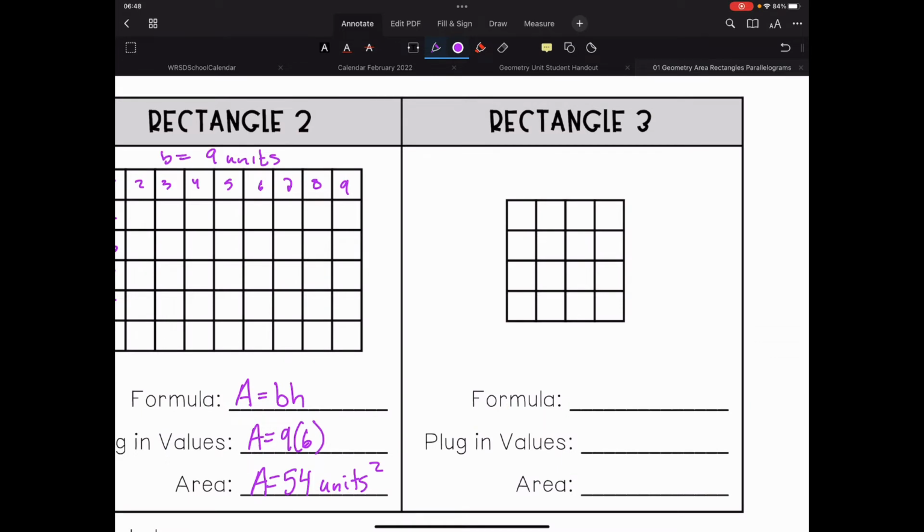Okay, so on rectangle number 3, we have a much smaller rectangle. We'll go ahead and write down our formula: area equals base times height. And we'll count up the units for each dimension, for the base and the height. So we've got 1, 2, 3, 4. So 4 units here, and 4 units on this dimension, on the height.